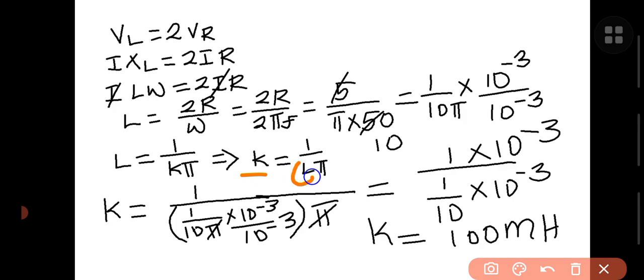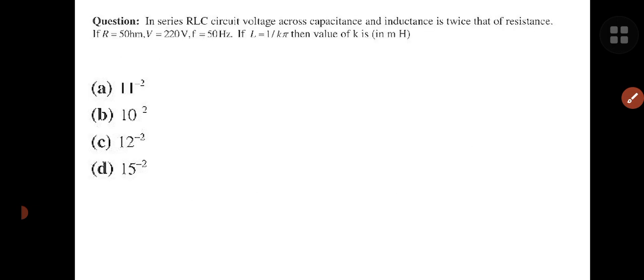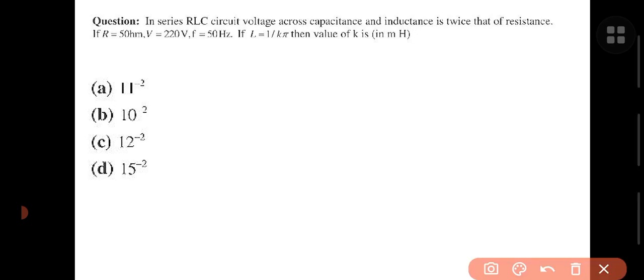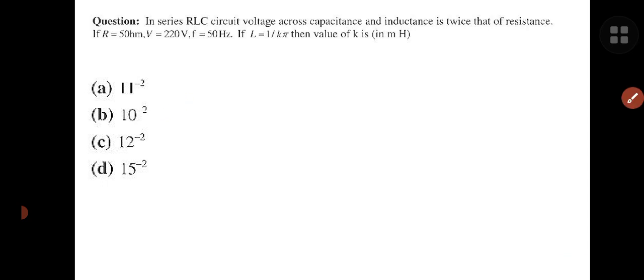Substitute the value of L, and we get K equal to 100 millihenry. 100 millihenry is the value of K. So 100 millihenry we can write as 10 to the power 2, so option B is the right answer.